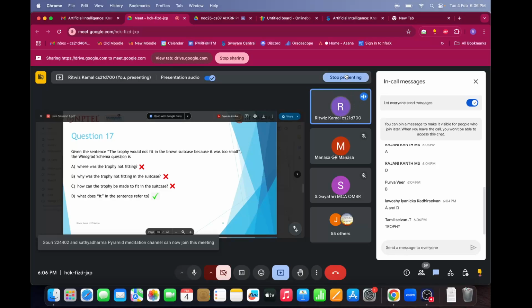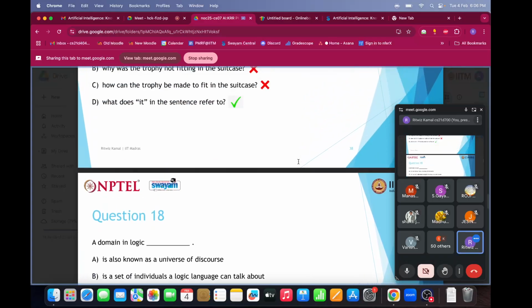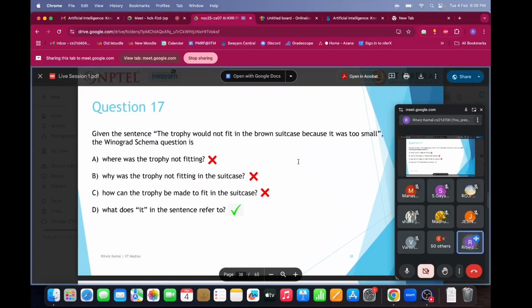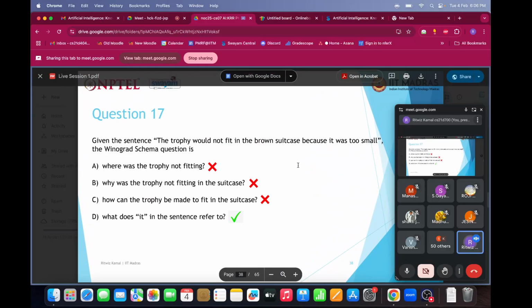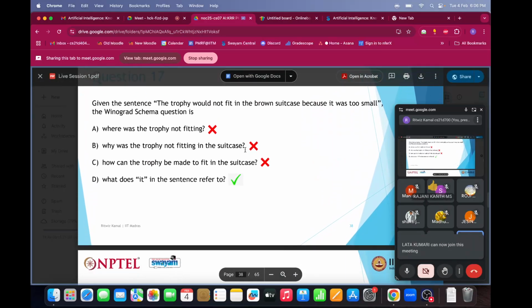You might have observed that by changing just one word in the sentence, what exactly "it" is referring to is changing. That is an example of anaphora resolution, and an example of the kind of questions we ask in the Winograd schema. I hope that gives you some idea of the kind of questions you might be asked with reference to anaphora resolution.